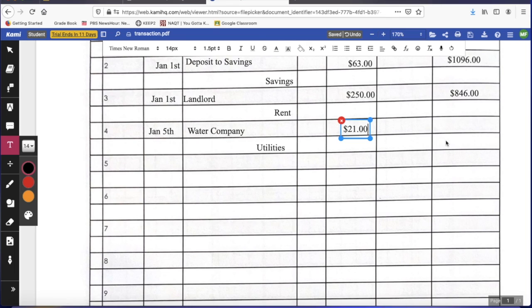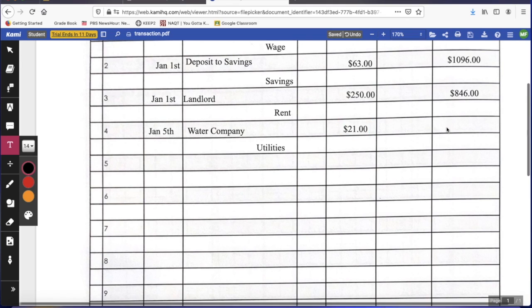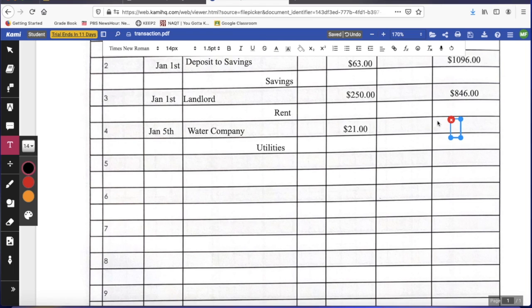Again, I'm getting these amounts from that PDF that I gave you in Google Classroom for this week's assignment. So you will take $846 minus that $21, and you will get $825 as the new total for his balance.